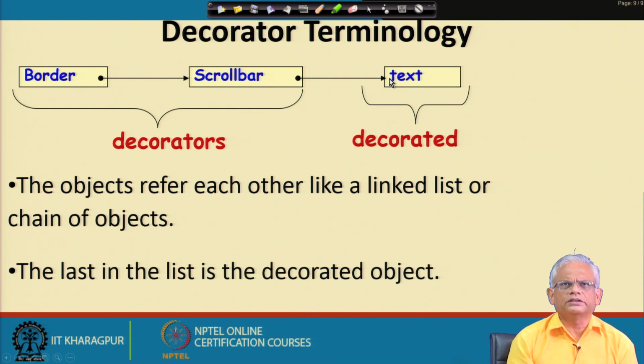And in the terminology that we use, the original text we call the decorated, and the scroll bar and the border are the decorators. And the client always interacts with the outermost decorator.